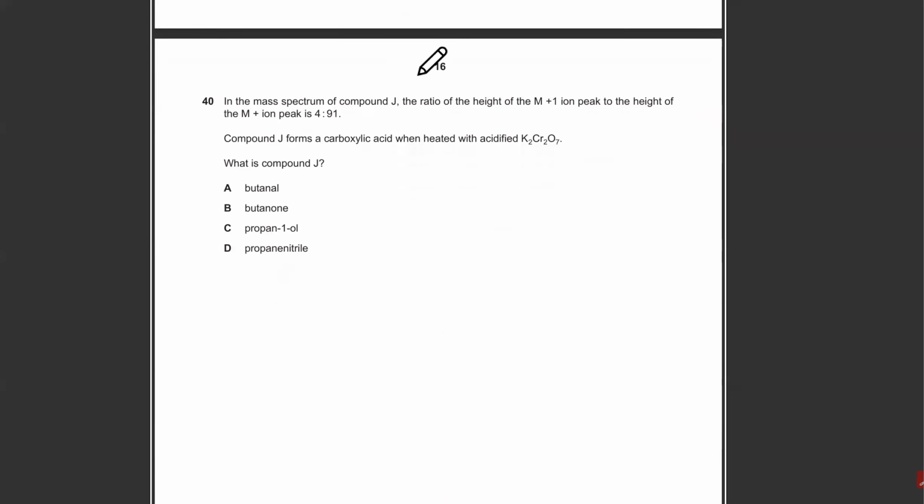Now mass spectroscopy, the M to M+1 ratio is given. What information do you get from the M+1 ratio? The number of carbons.